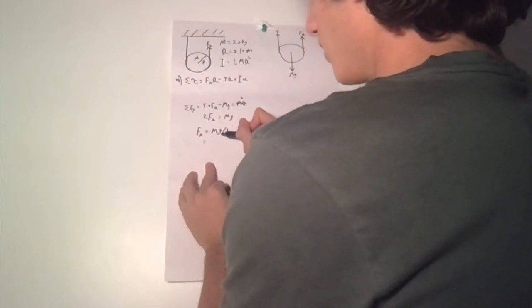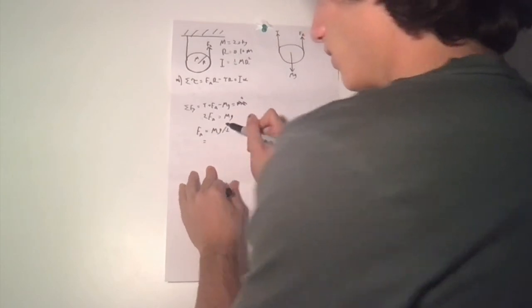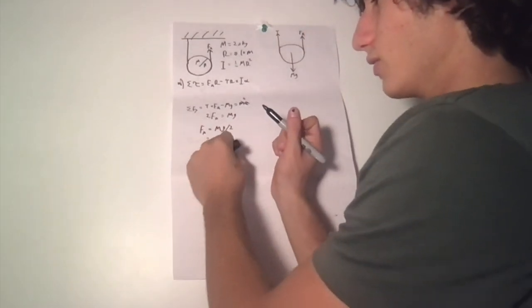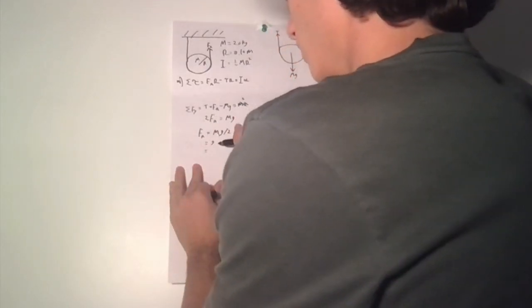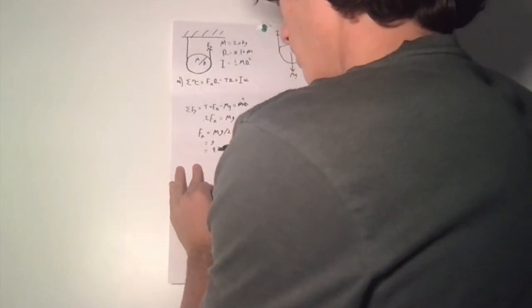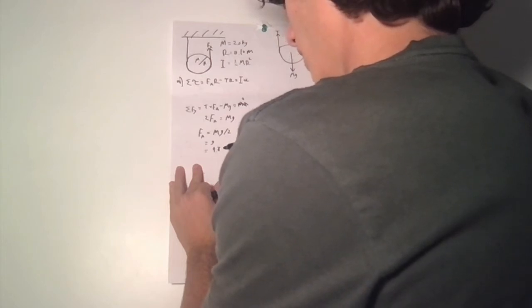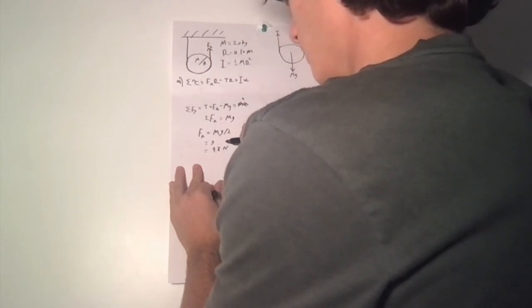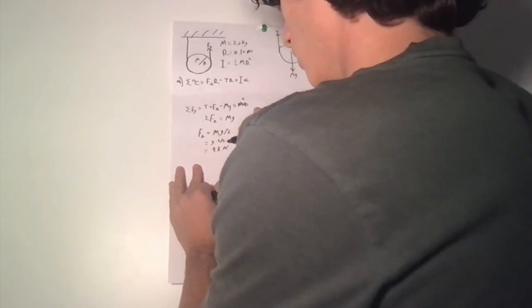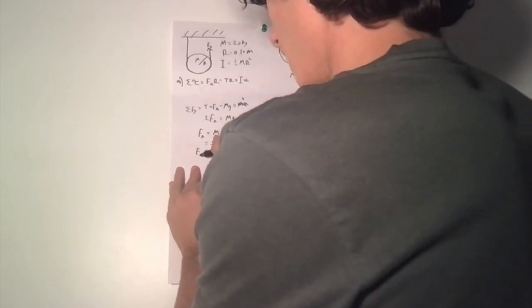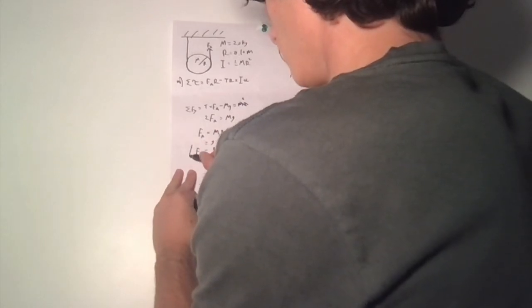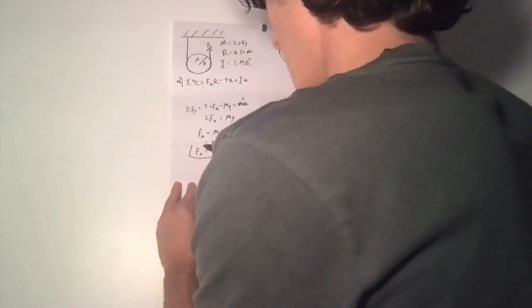So mass is 2. 2 divided by 2, that's 1. So it's just equal to g, which is equal to 9.8. And this is going to be in newtons. So that is our final answer for A.